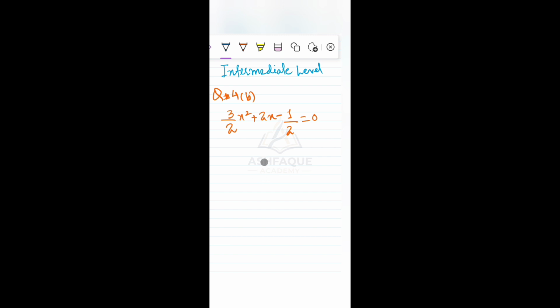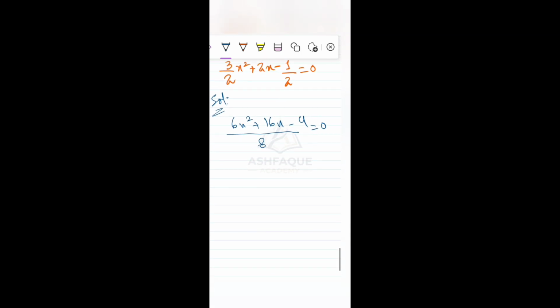So now we have another question, that is 3 upon 2 x square plus 2x minus 1 upon 2 is equal to 0. This equation is in fraction form, so we have to simplify it. The LCM of the following equation will be 8. So the above term will be 6x square plus 16x minus 4 is equal to 0. 8 here is dividing; whenever it shifts to the right hand side, it will multiply with the 0.